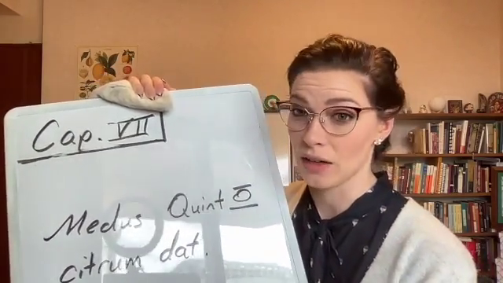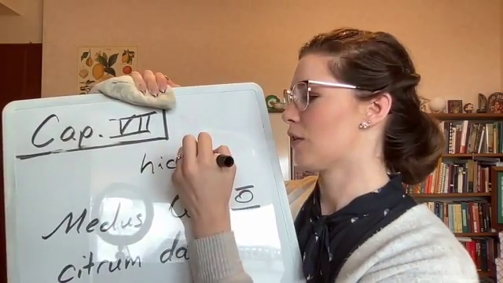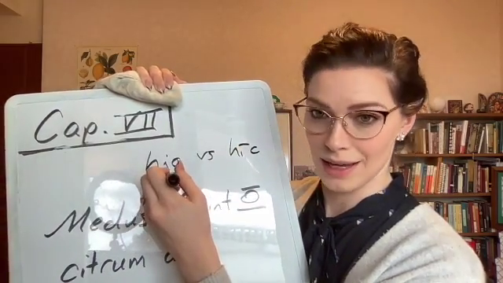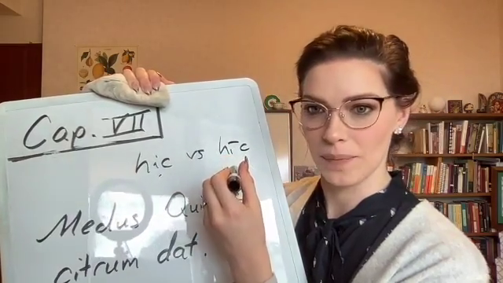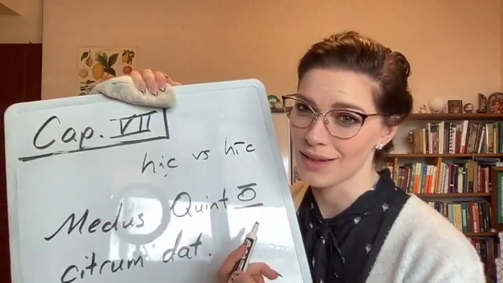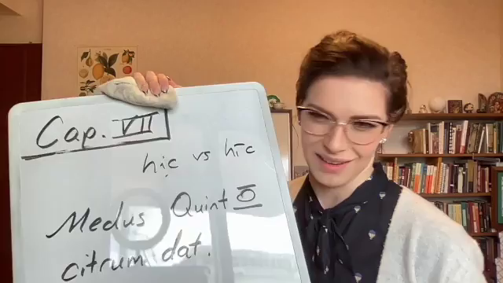It's not like hic versus hīc. Hopefully you guys remember that. This means this, and this means here, and it is very different, so you have to have the macron. It's not the same for the dative, so if you put it, great. If not, it's not the end of the world.